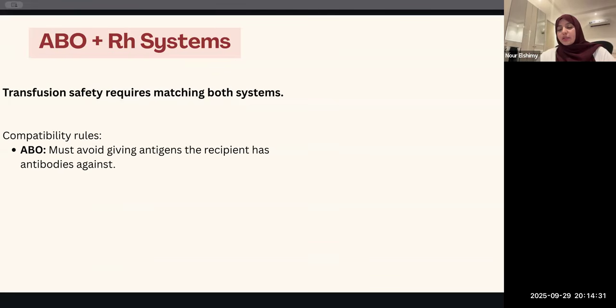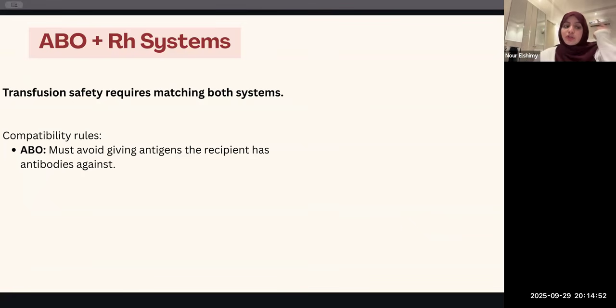Or if you're receiving blood, you should make sure that the blood you're receiving does not make antibodies against your own antigens. So if you're blood group A, just make sure that you're not receiving blood group B, because blood group B makes anti-A, and anti-A is going to attack your own antigens.